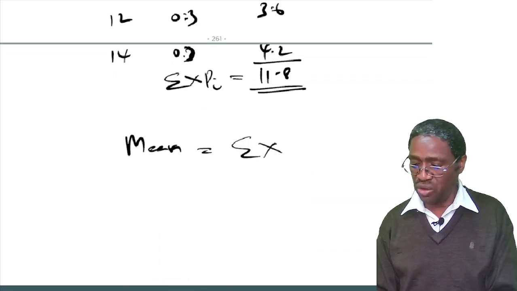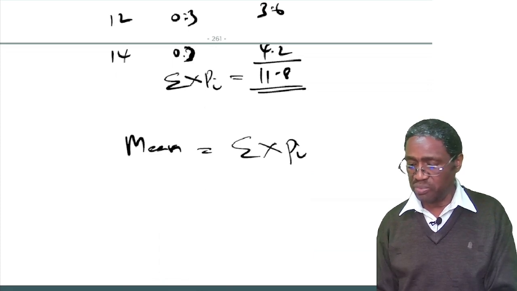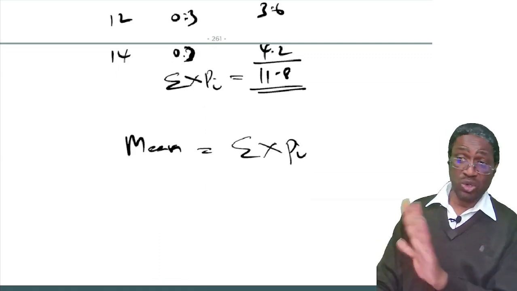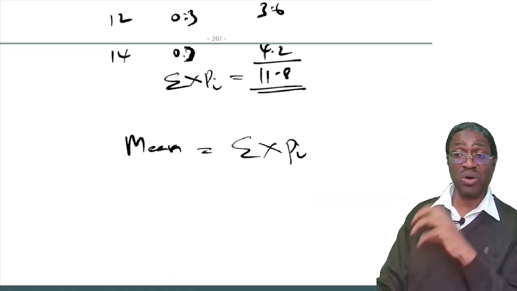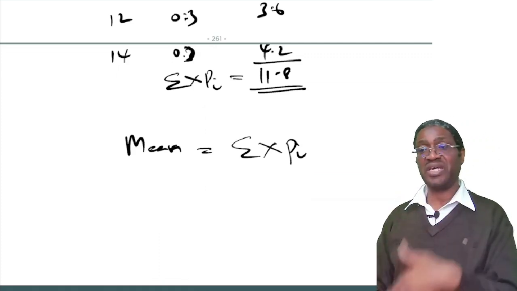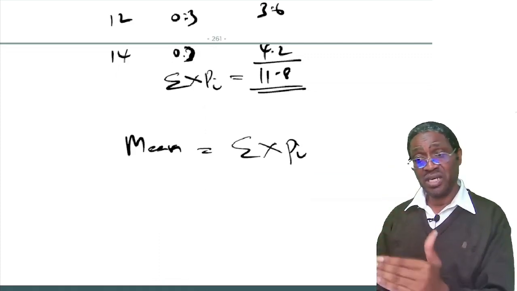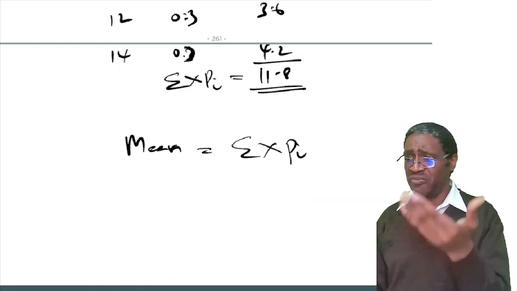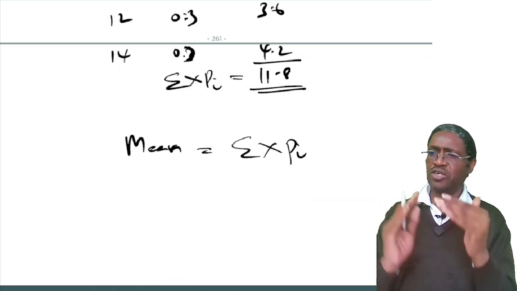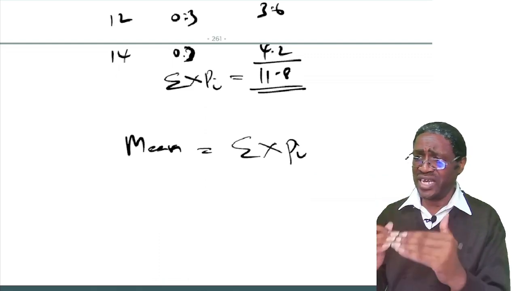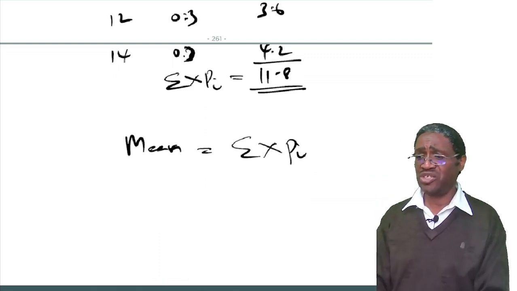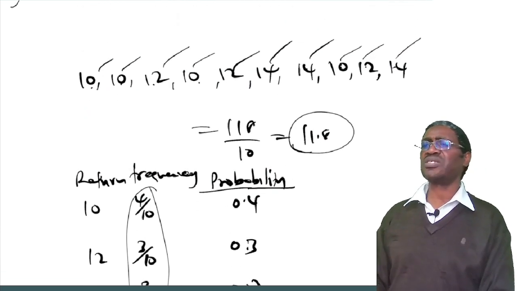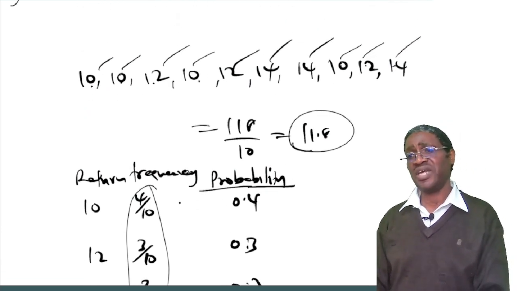So to get the mean, we shall be taking the mean where there are probabilities. It is the summation of X times Pi. This time you don't divide because the frequencies were already divided: 4 divided by 10, 3 divided by 10, 3 divided by 10, and so on. When you get the frequencies, you took everything and divided by 10. When I was using the raw data, I divided the sum of those returns by 10.